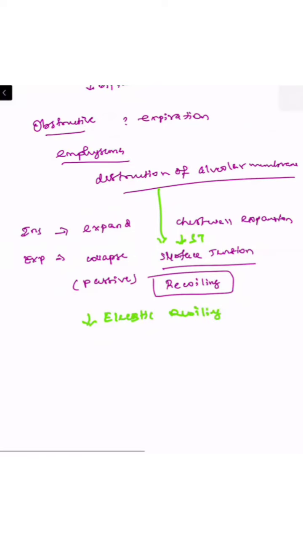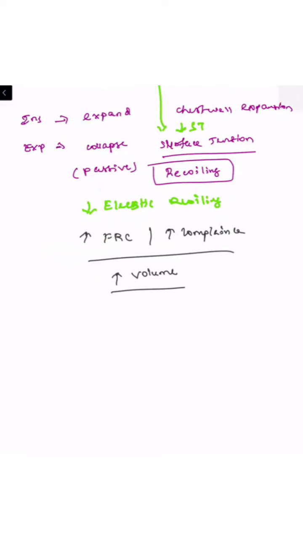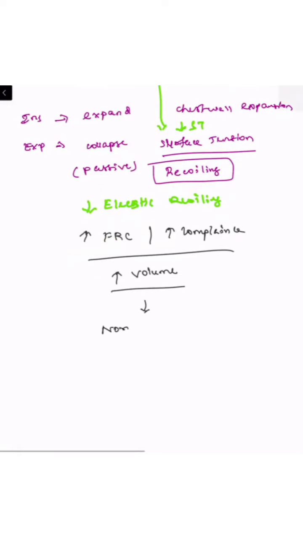So it will increase the functional residual capacity, or in turn increase the compliance of the lung. That means the lung is able to accommodate more volume inside the lung, but it cannot cause the normal expiration because the alveolar membrane has been destroyed.